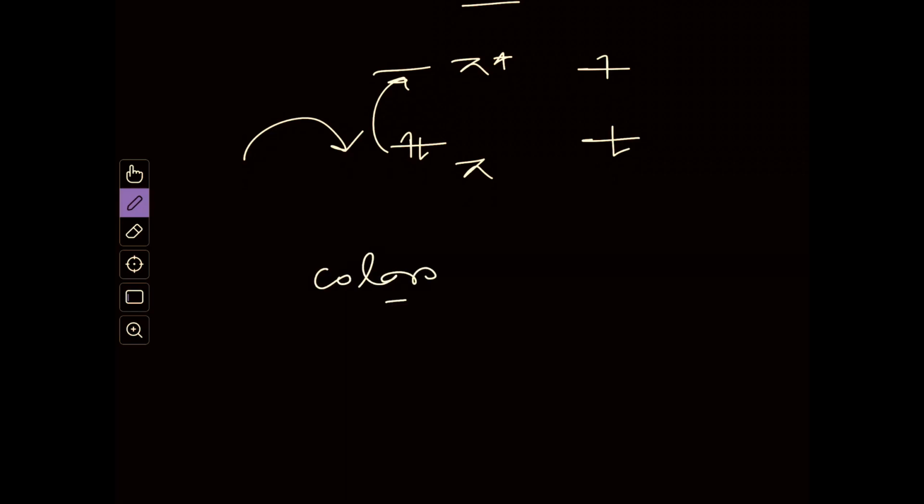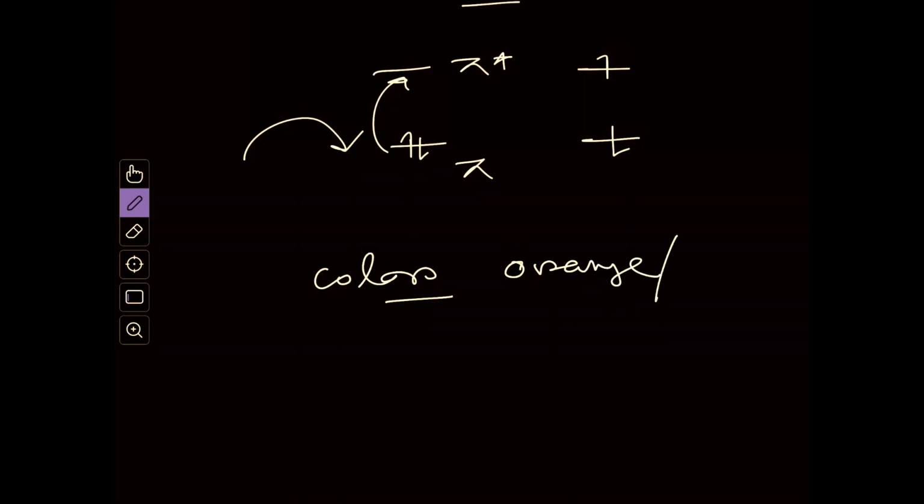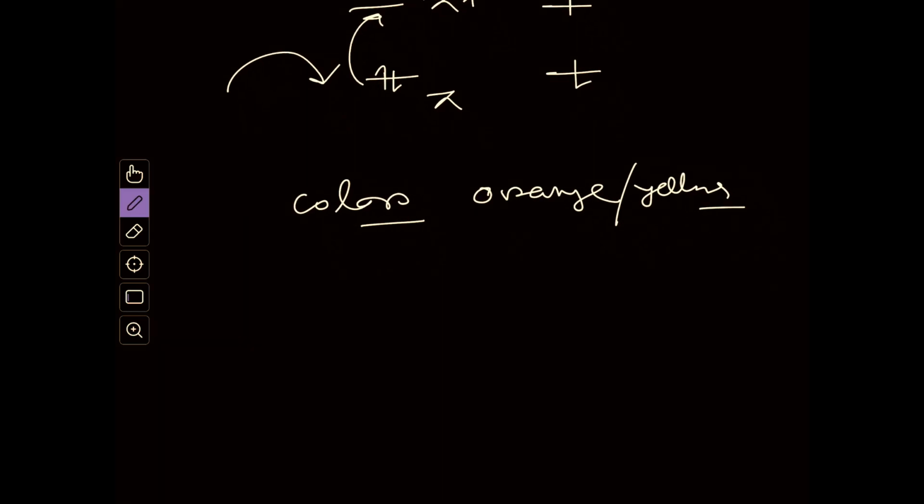We see organic molecules in several colors, and most organic molecules are either orange or yellow. This is the most common color in organic molecules. What is the reason for that? First we have to understand the reason behind any color within any molecule. When we see a color in a particular molecule, what is the origin of that color?